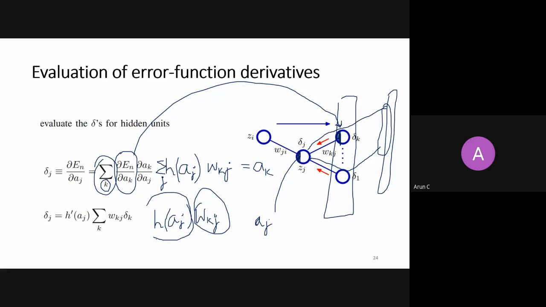So first I take the derivative of this function with respect to aj, which I write as h dash of aj, the way in mathematics you write a derivative with a dash. It is the derivative of the function with respect to a. So the derivative of ak with respect to aj is wkj times h dash of aj.